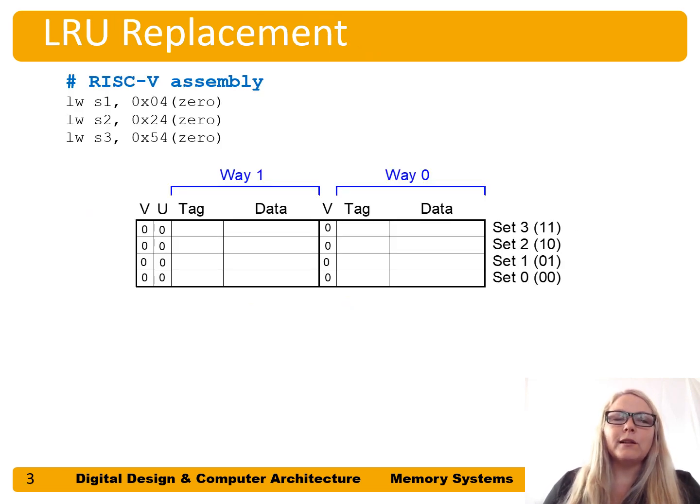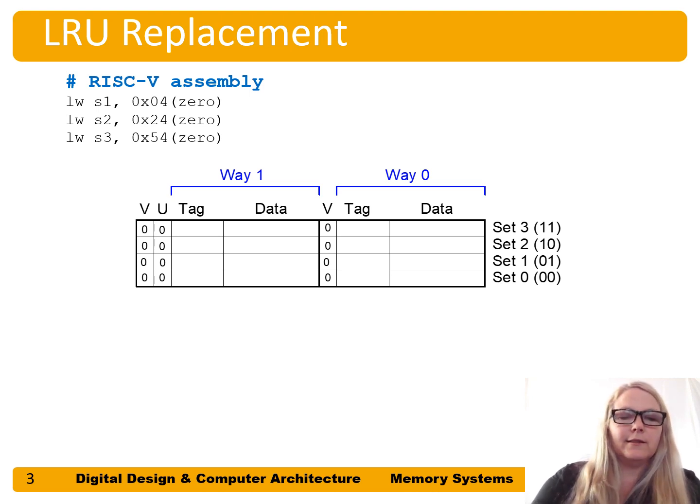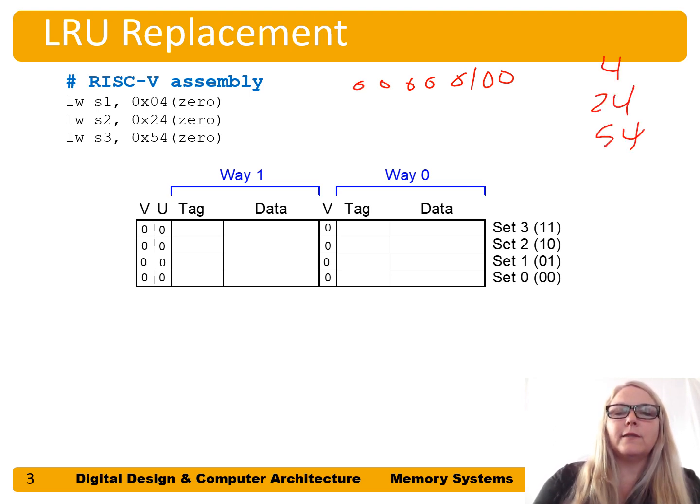So here's an example of LRU replacement. Let's suppose we have accesses to addresses hex 4, hex 24, and hex 54.